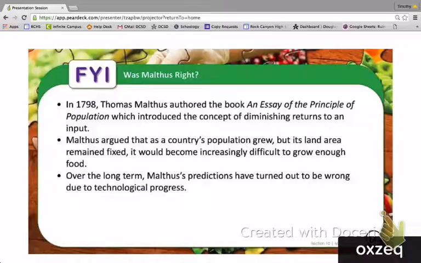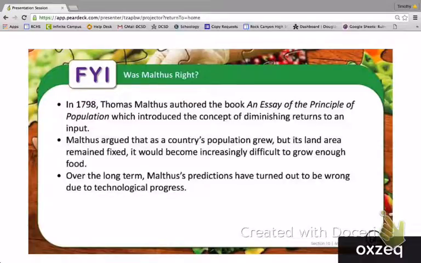But over the long term, Malthus's predictions have turned out to be wrong. Why is that? Is it because he was wrong about the law of diminishing marginal returns? No. What he didn't anticipate was technological progress, that we've gotten more efficient at farming, that we've developed new farm equipment with newer technologies and new fertilizers that get greater yields per acre of land. So we can grow more food more efficiently on an acre of land. And he didn't see that change in technology.